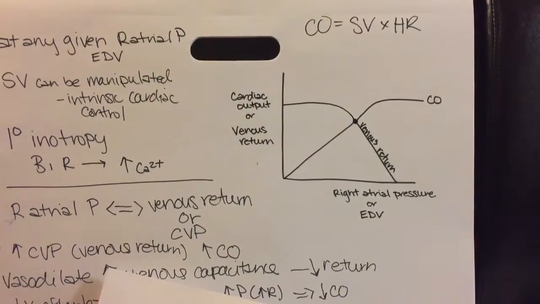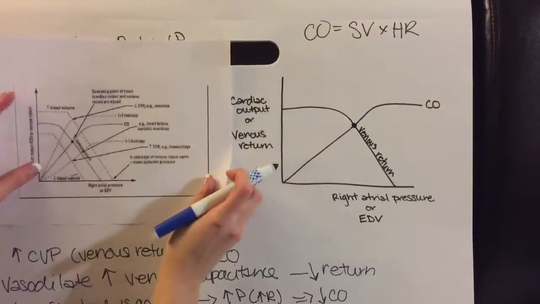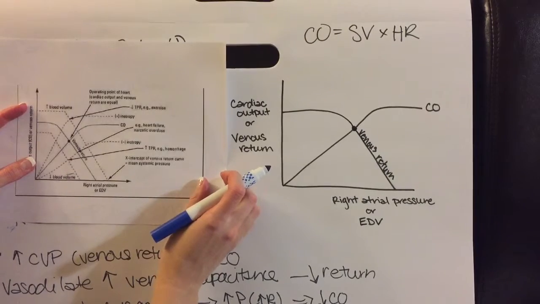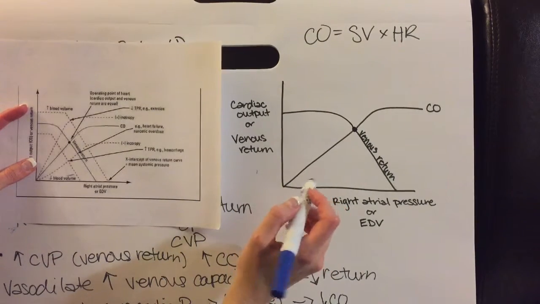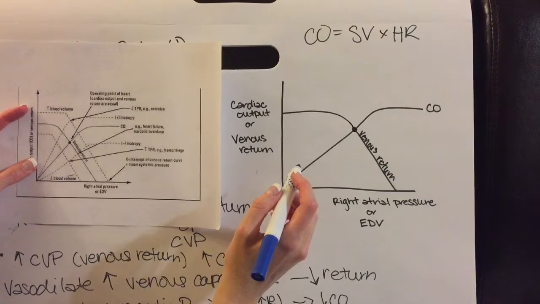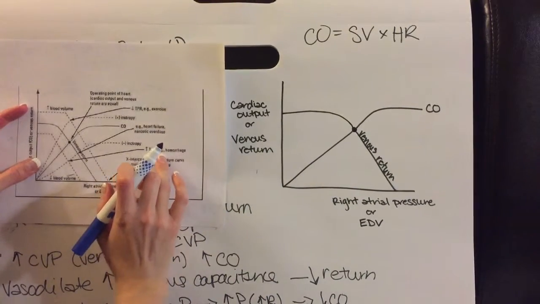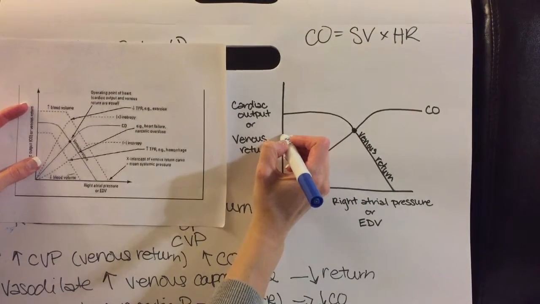If we consider various pathologies, we can start by thinking about something simple like increasing our total peripheral resistance after having hemorrhage.